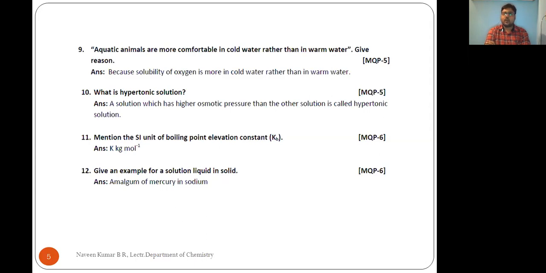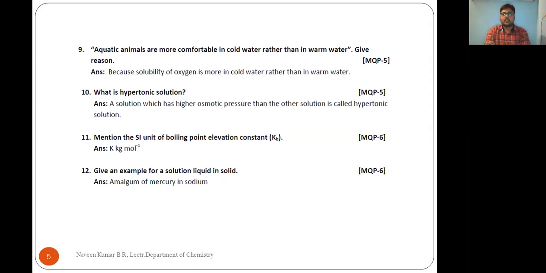Hence, warm water will have increased temperature, which makes the solubility of oxygen gas in the water decrease. As a result, the aquatic organisms cannot utilize it properly. Hence, their life will be under threat.